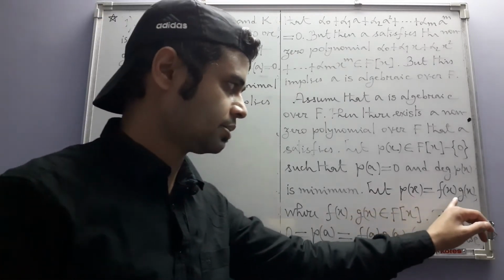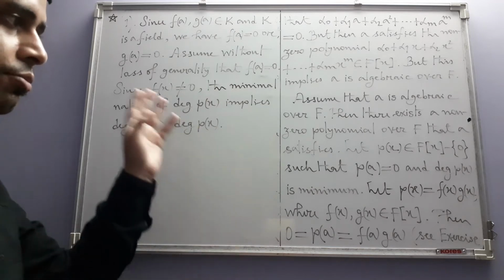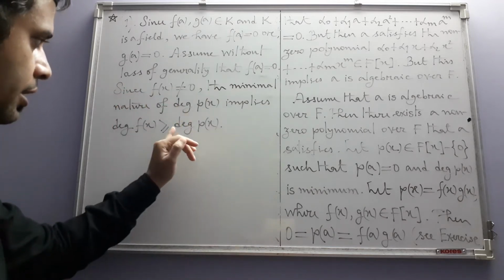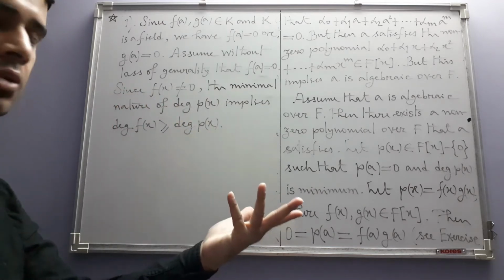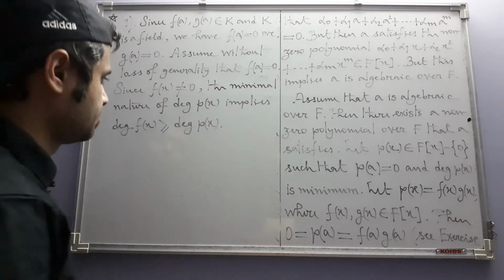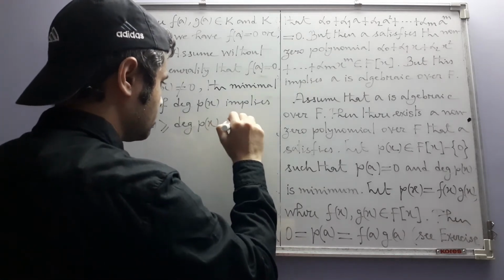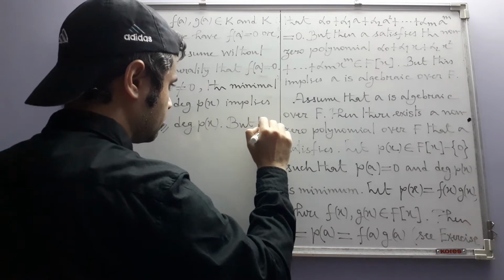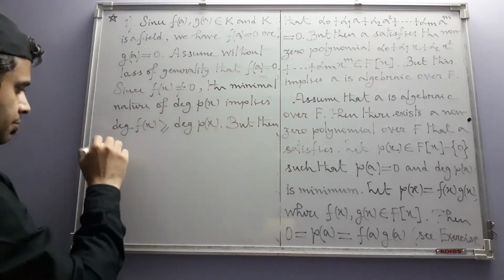But since Px is Fx times Gx, from a previous result we know that its degree is the degree of Fx plus the degree of Gx.